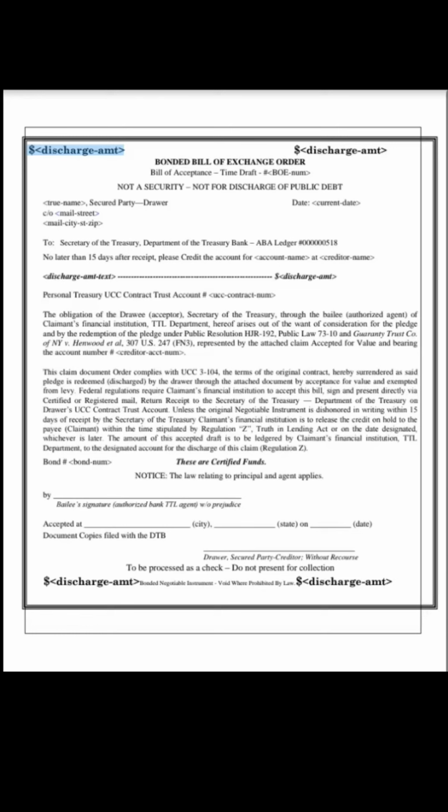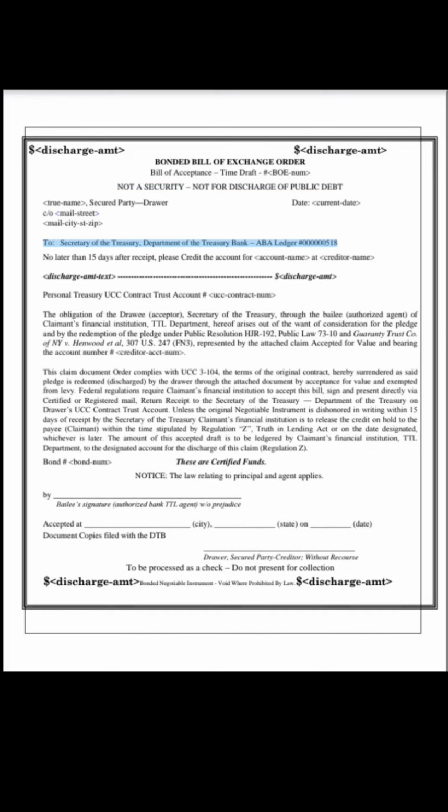<discharge amt> <mail street> <true name> secured party drawer <mail city street zip> bonded bill of exchange, order bill of acceptance, time draft hash <bo num> <discharge amt text>. Not a security, not for discharge of public debt. 2.